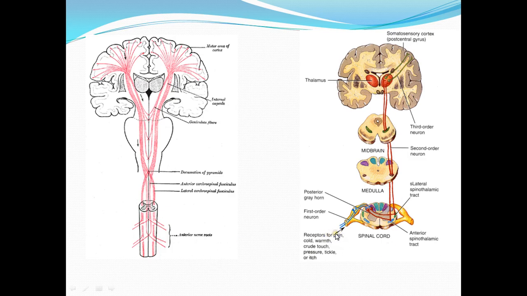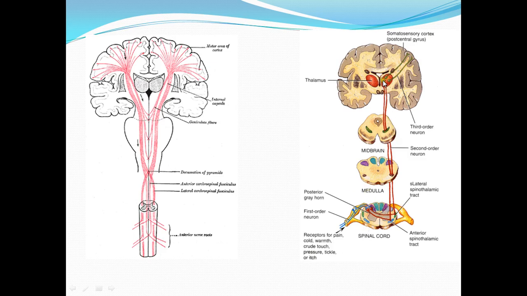So the first neuron starts from the tissue toward the spinal cord, from the spinal cord towards the thalamus, and from the thalamus towards the sensory areas. Some of the fibers cross like that for pain and temperature, while those fibers which are for vibration come in the dorsal spine, and they are not crossing in the spinal cord.